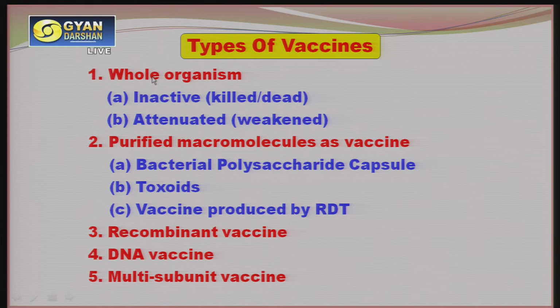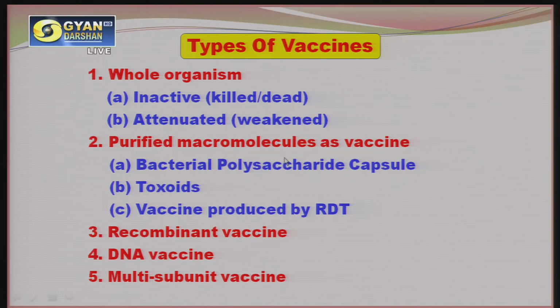So you can say it is a whole organism we can utilize as a vaccine. Another is the purified macromolecule used as a vaccine. It is divided into 3 groups. Basically, purified macromolecules, like bacterial polysaccharide capsules, we can utilize.